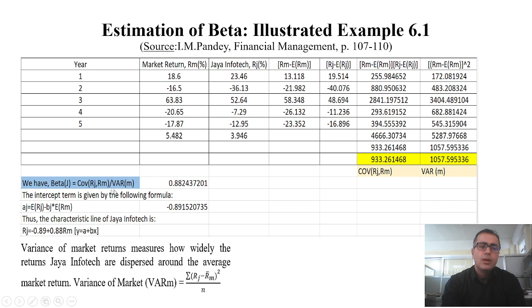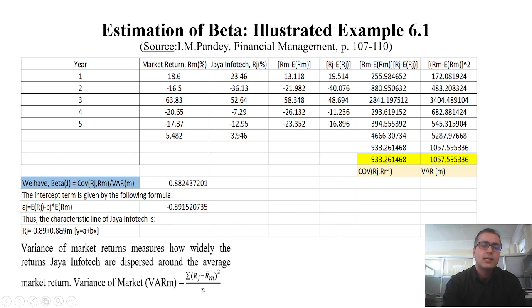Now, how could we state this in the regression line? Here RJ is the rate of return, and you can do this by using Excel also, right?